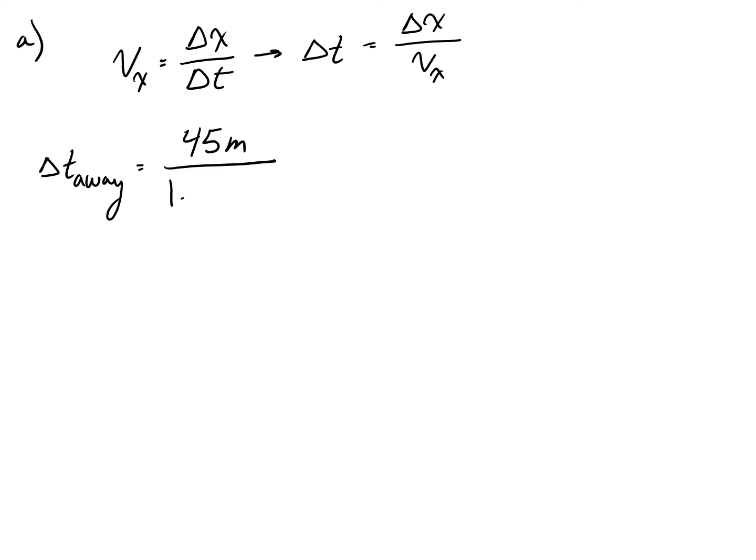So we're going to use 1.3889 meters per second, and the time I got was 32.3997 seconds. The reason I'm using such a high number of significant figures here is just because I have 9s.